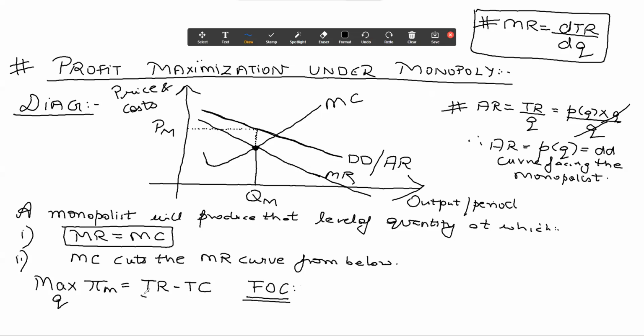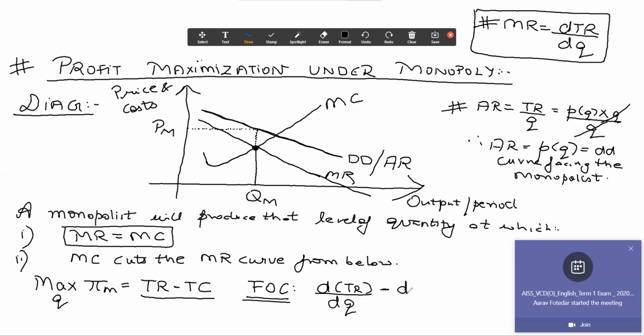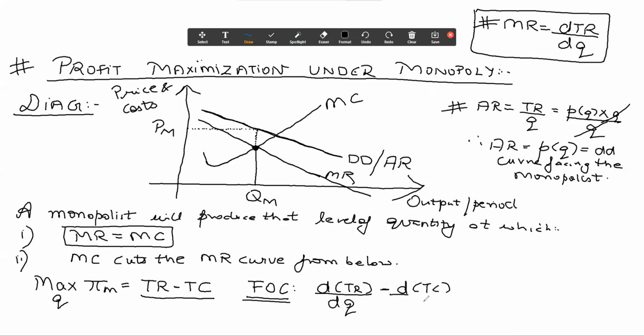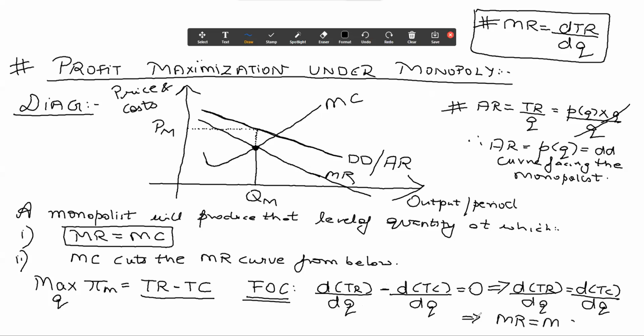So if I differentiate TR minus TC with respect to Q, what do I get? dTR/dQ minus dTC/dQ is equal to 0, which implies dTR/dQ is equal to dTC/dQ. What is the derivative of total revenue with respect to Q? MR. What is the derivative of the total cost function with respect to Q? MC.